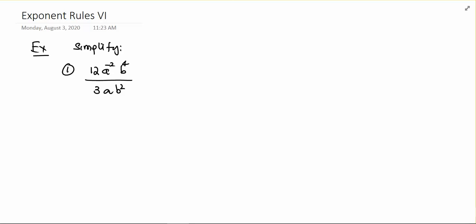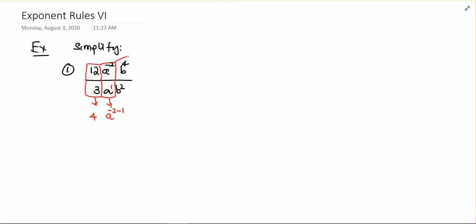Again, line everybody up. So that works out as 4. 12 can be divided by 3, you get 4. These two, we know that that's a 1, so that's going to work out as, okay, careful, let me write this down, negative 2 minus 1.